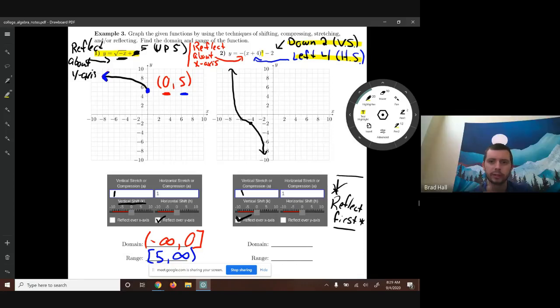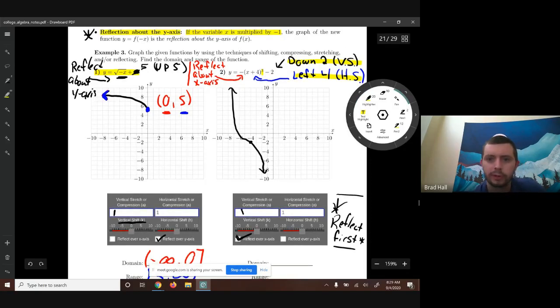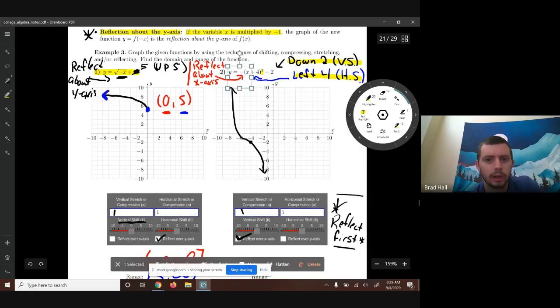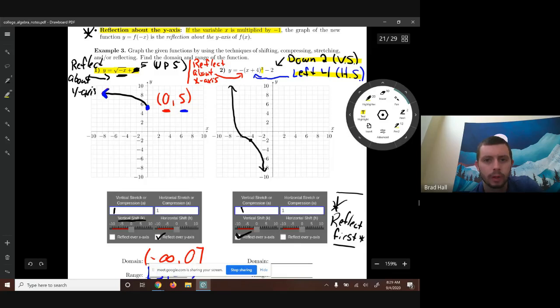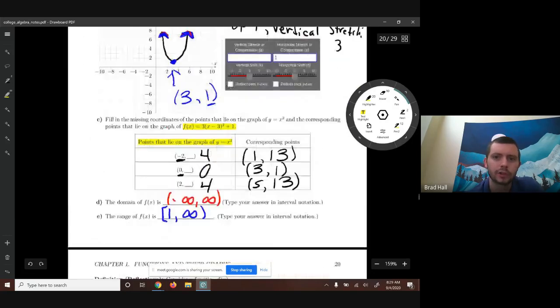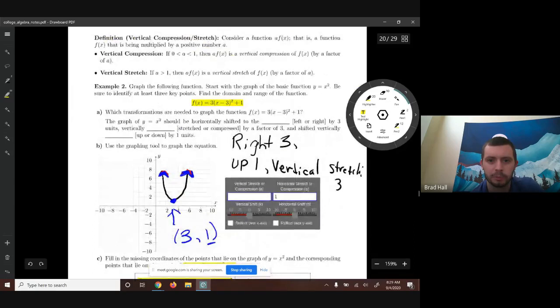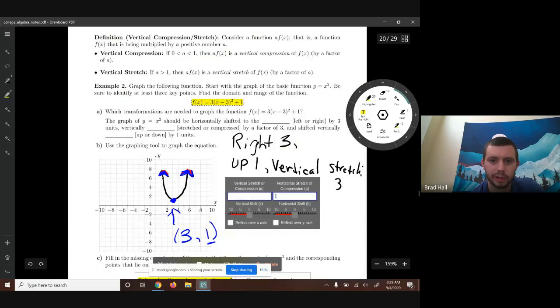And the reason why the vertical stretch is just 1 is because we're not multiplying the function by a number that's bigger than 1. The best way to show this is, notice the function is being multiplied by really -1. That's in contrast to, say, this problem where the function was being multiplied by a number bigger than 1 here, 3.